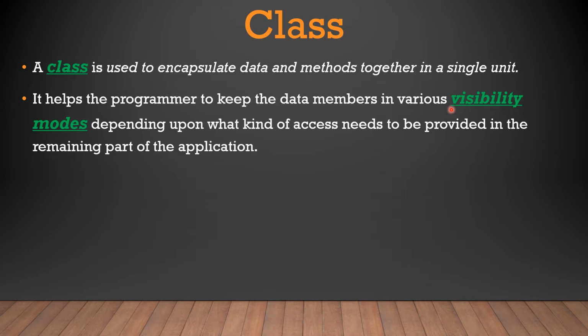So the class helps the programmer to keep the data members in various visibility modes, and these visibility modes will be dependent on what kind of access needs to be provided in the remaining part of the application. Means there is one part in which we have provided our visibility mode and there is a remaining part of the application, so we can decide what kind of access we need in that remaining part of the application.